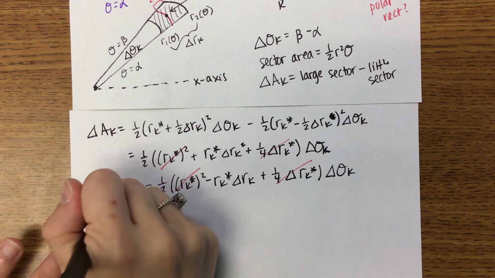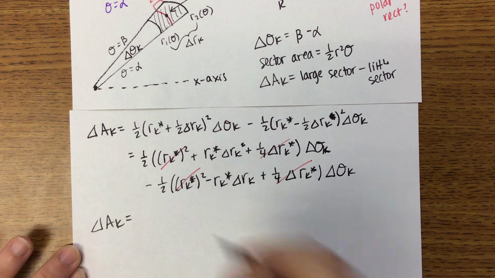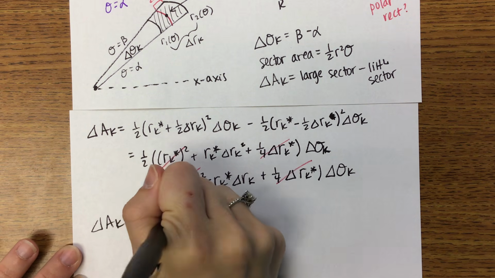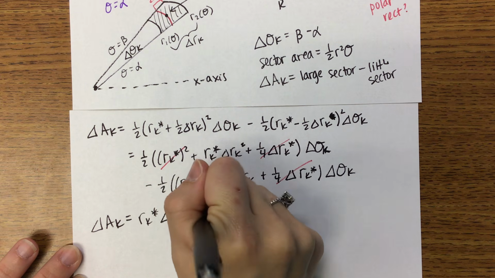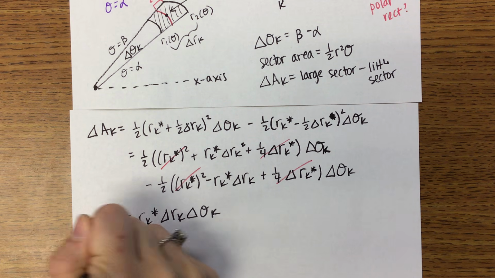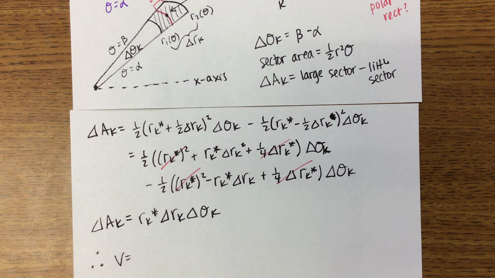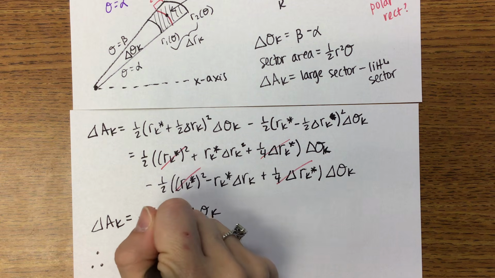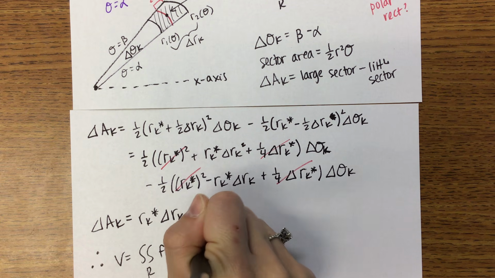So what we get then is the area of a polar rectangle is R of k star, delta R of k, delta theta of k. Okay, here's what we get from that. Volume, which we already said is the double integral over the region R of f of r comma theta dA.